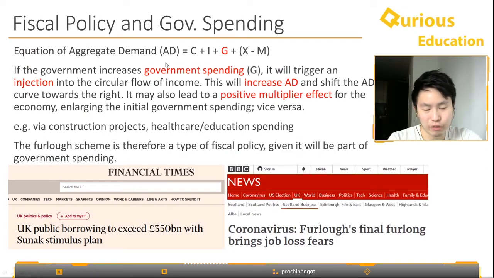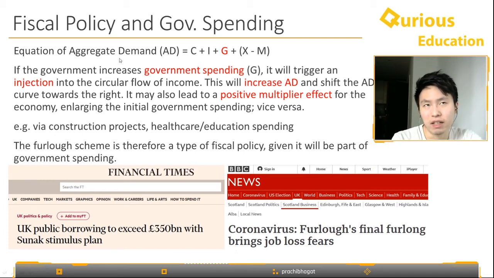So if we look into this further, I'm not sure if you guys have come across the equation of AD, or aggregate demand, yet. So the total level of demand in the economy can be calculated by this equation. It's consumption plus investment plus government spending plus exports minus imports. So since government spending is a part of this equation, if we increase government spending, it would immediately increase the level of aggregate demand in the economy.